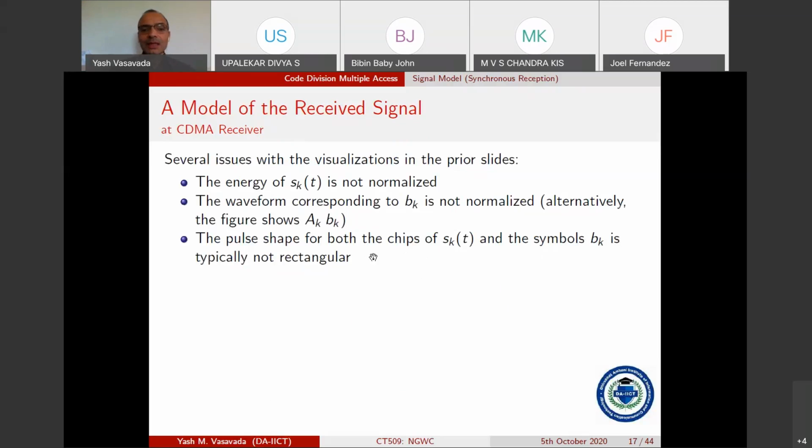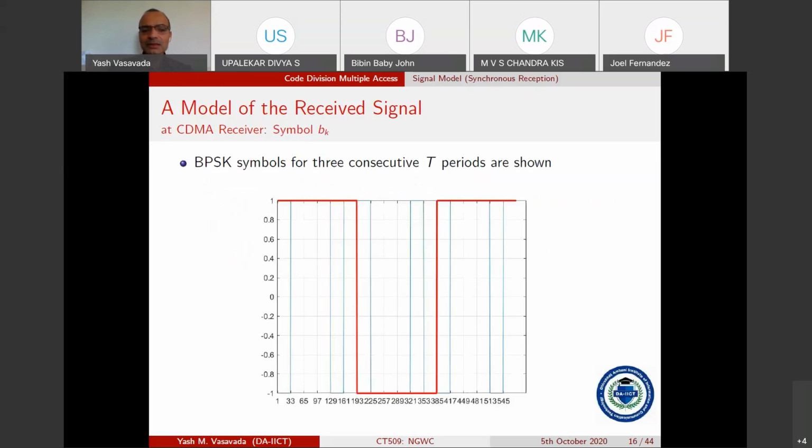So these are the three main simplifications that we had made on this slide. One more thing that we have not included in the prior slide is that we just looked at the transmitted signal of this particular user in the time domain.